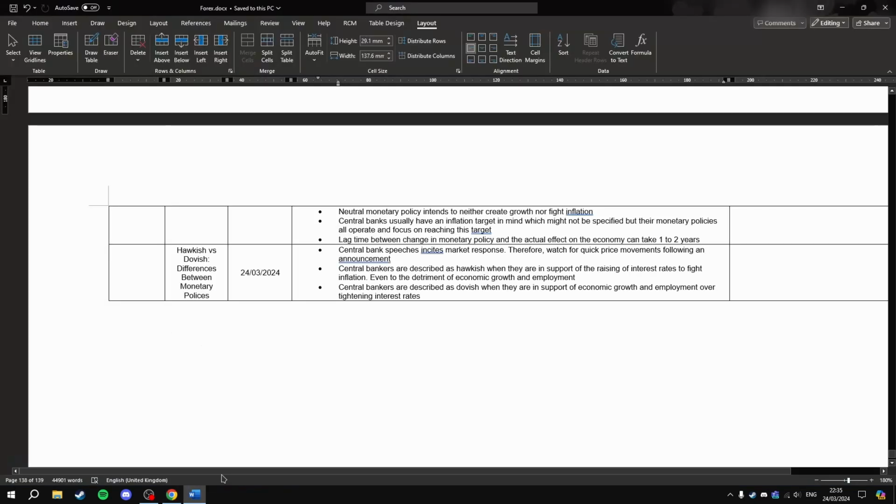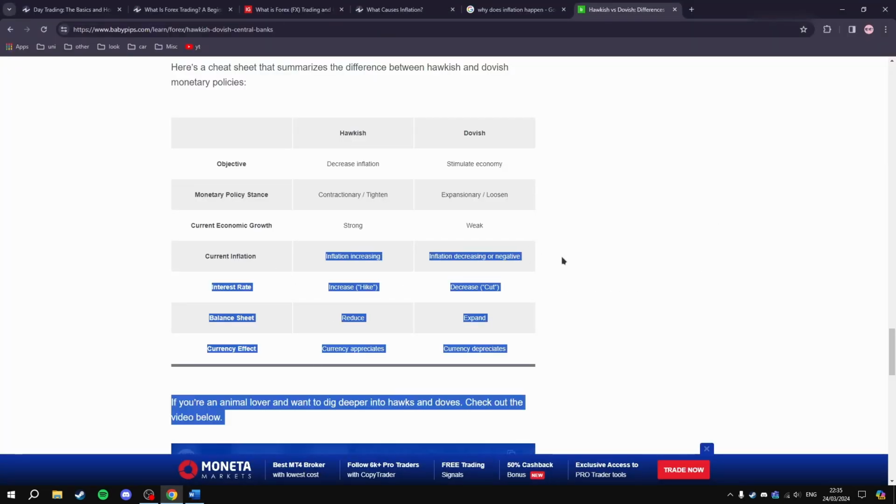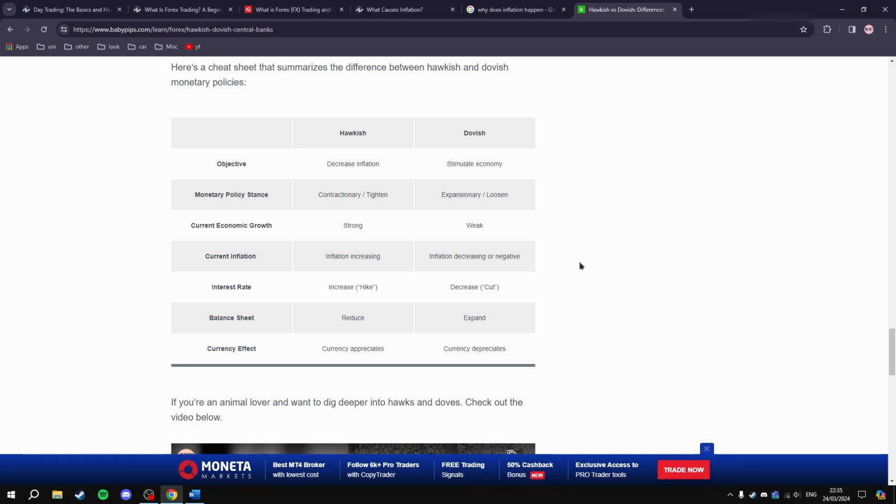If not, we can always come back to this. Still, current inflation. So the current inflation is increasing for hawkish, and the objective is to decrease this inflation.